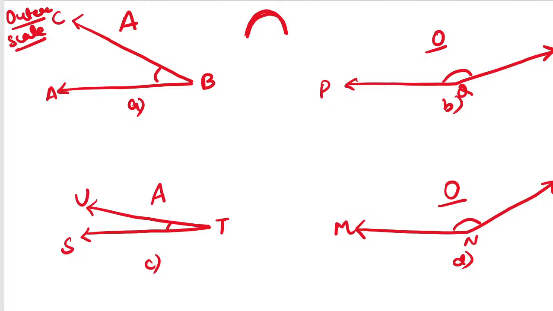What is an acute angle? What is an obtuse angle? What is a straight line? What is a straight angle? What is a line segment? What is a ray? So I taught you all these basic geometry things, right? These are the geometry basics which we have learned today.